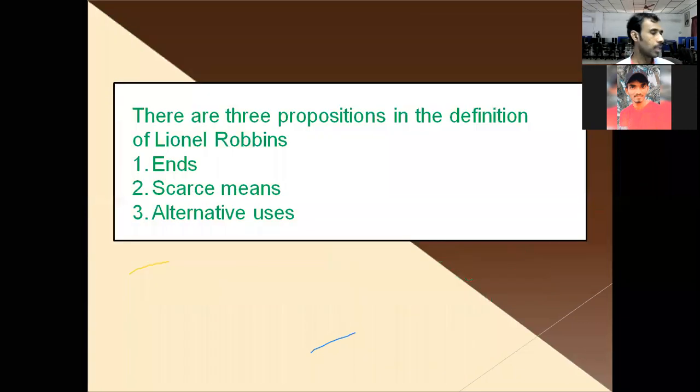The first proposition, ends, is nothing but the wants or desires of a human being, and there are some peculiar features of these ends. The first important feature is that wants are unlimited in nature.